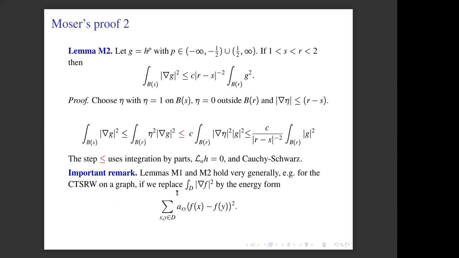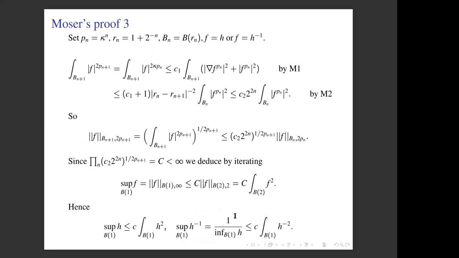And for example, for the continuous time simple random walk on a graph, we would want to replace the integral of grad f squared by what we can call the energy form, which I talked about a bit earlier today, which is the sum over x and y of c(x,y) times the f of y minus f of x squared. So the ingredients that go into Moser's proof, although I'm expressing them here for divergence form operators, actually hold in many other contexts also.